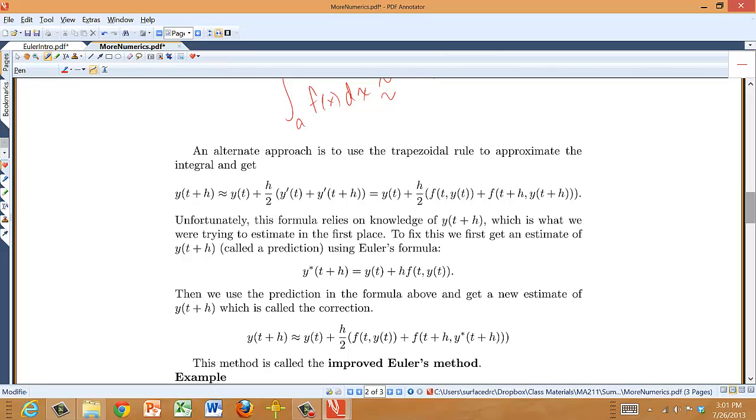I've said y at time t plus h you could estimate as y at time t plus the average of y prime at time t and y prime at the right-hand side of the interval, which is y prime at time t plus h. And then you could calculate both of those by plugging y at time t into f, the right-hand side of the ODE, and plugging y at time t plus h into the differential equation.